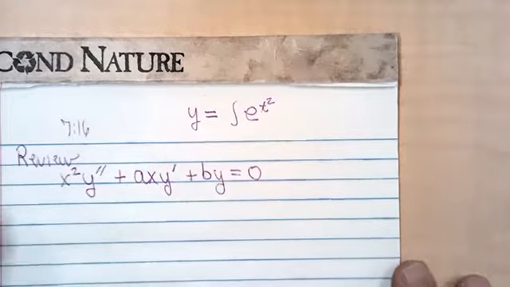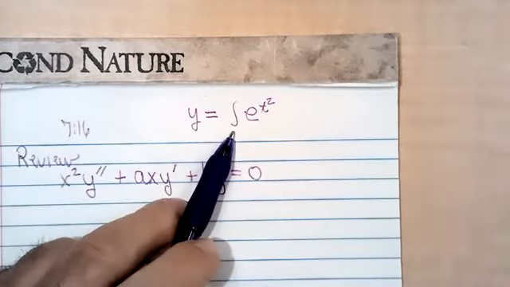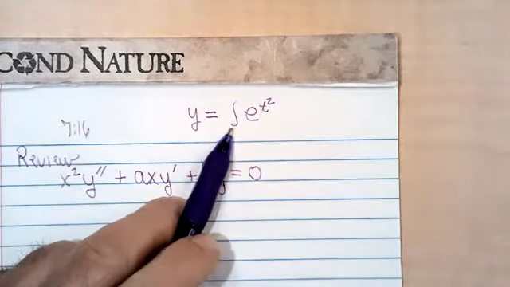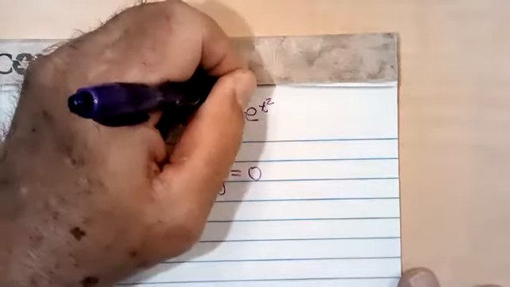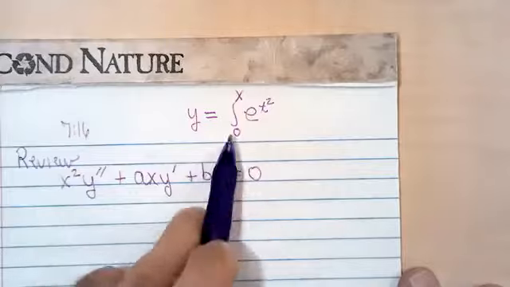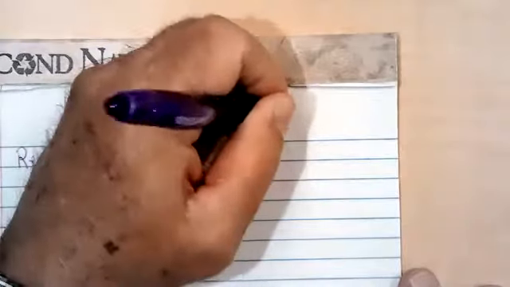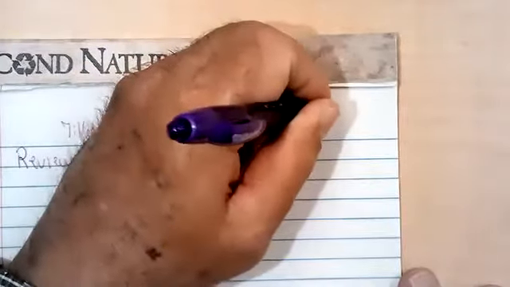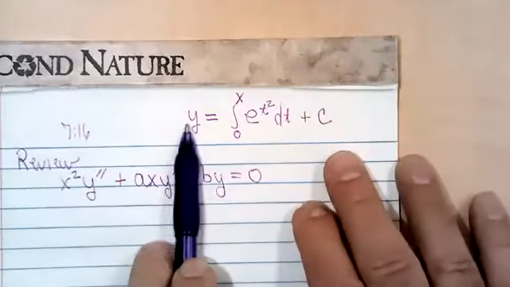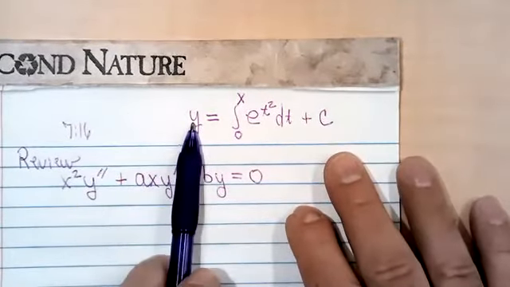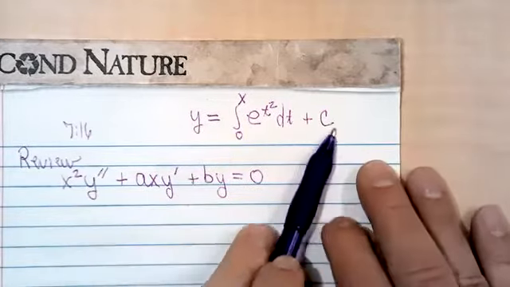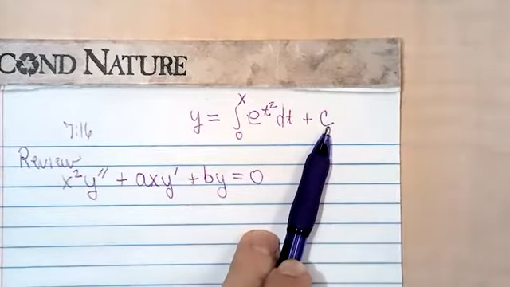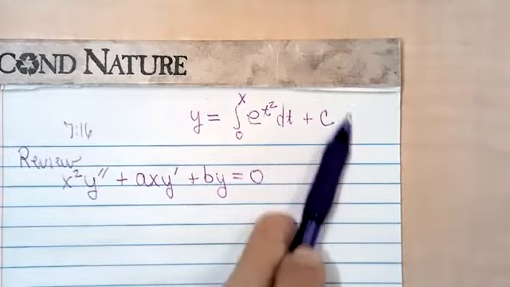Then we know that y is going to be some antiderivative of this, and you could express it this way: it's the integral from 0 to x of e to the t squared dt plus some constant. And then by saying, well, for instance, if you knew its value when x is equal to 0, this thing drops out, then c is its value, right? So you could figure that out.